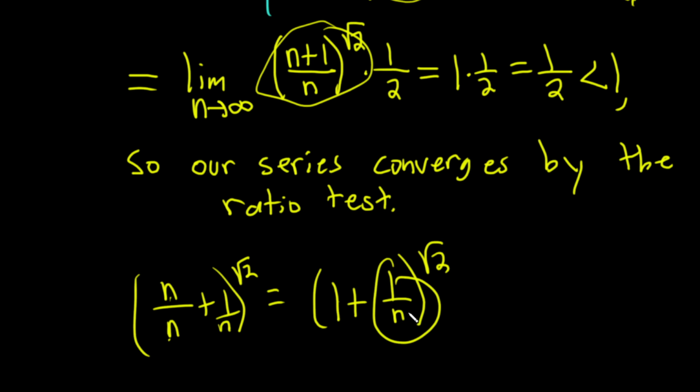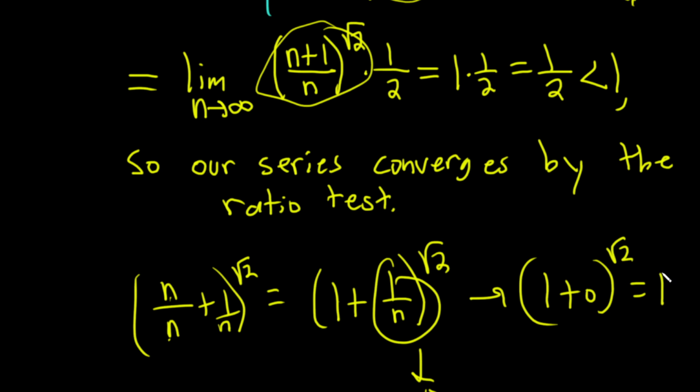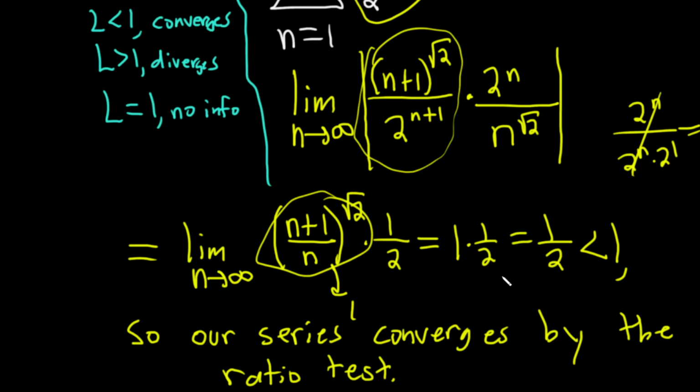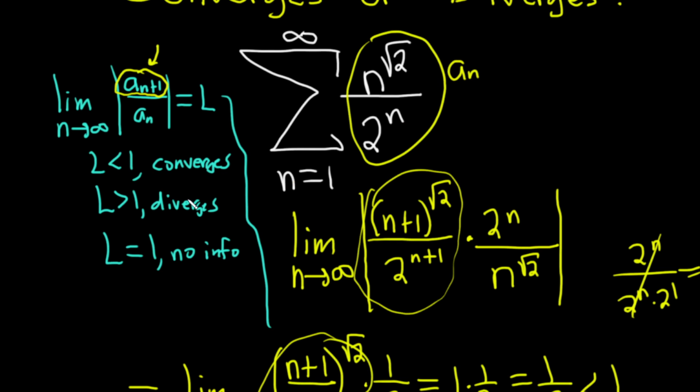So now you see this goes to 0. And so this just goes to 1 plus 0 to the square root of 2, which is 1 to the square root of 2, which is just 1. So that piece is going to approach 1 and times 1/2. And that's less than 1, so you get convergence because your L is 1/2 in this case.